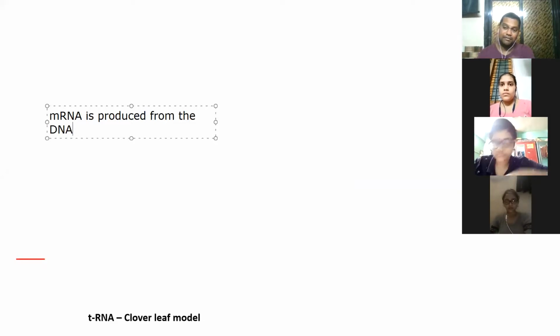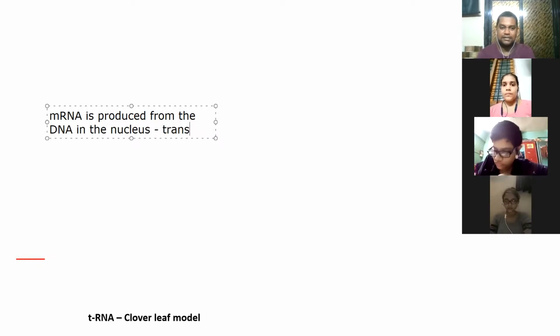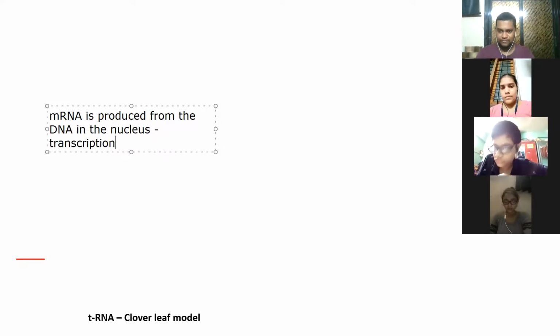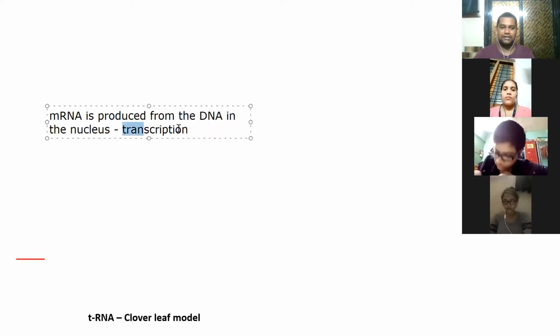That's again a big process. In fact, mRNA is produced from the DNA in the nucleus, and that process is called transcription. The process of production of mRNA from the DNA is known as transcription. This important point you have to remember.